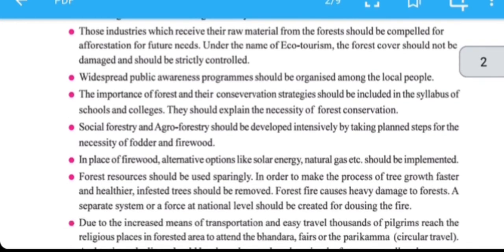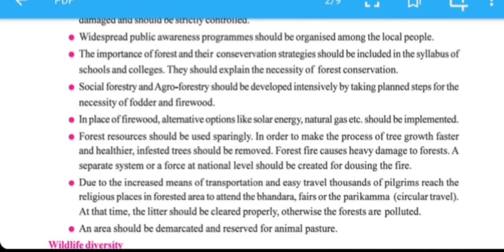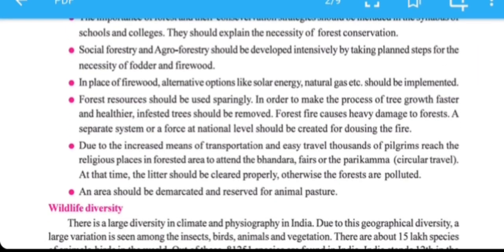Next important point is public awareness should be created. Next, in the syllabus of schools and colleges, the topic of forestation should be there. Next, social forestry and agroforestry programs should be developed, where people will create awareness and plant trees.